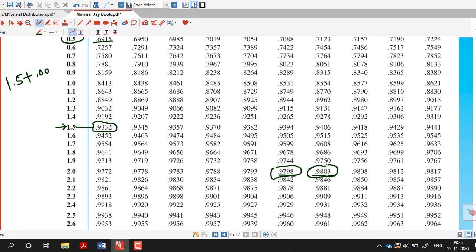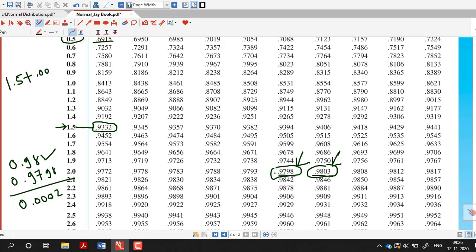The difference of 0.9803 from 0.98 is 0.0003, and the difference of 0.9798 and 0.98 is 0.0002. So this value is closest to 0.98.